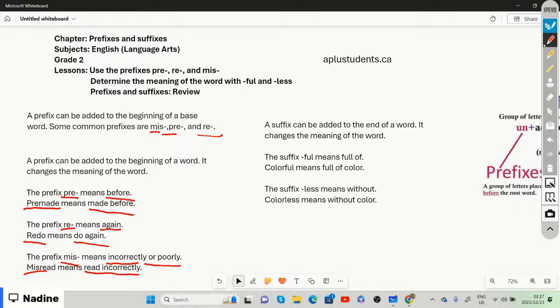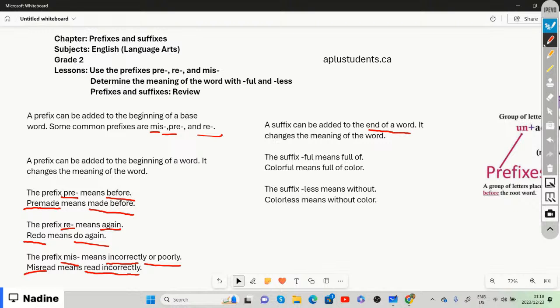All right, so then we're going on to a suffix. So we made a few examples of prefixes. Now we're going to look at a suffix.